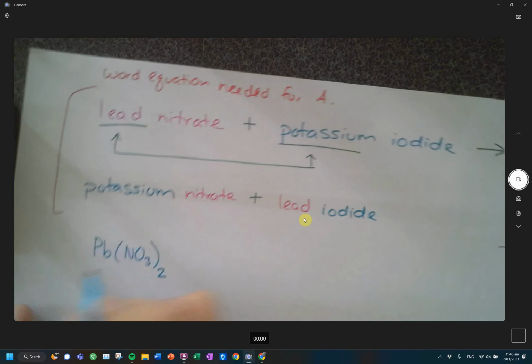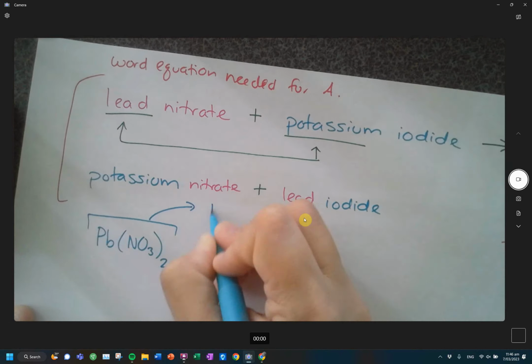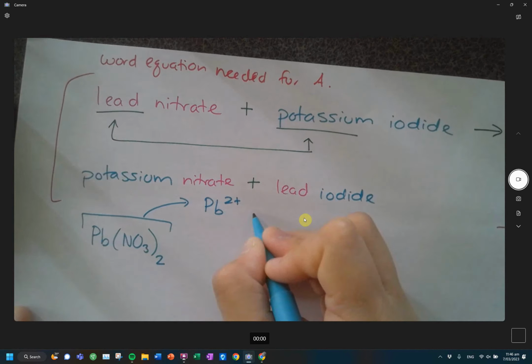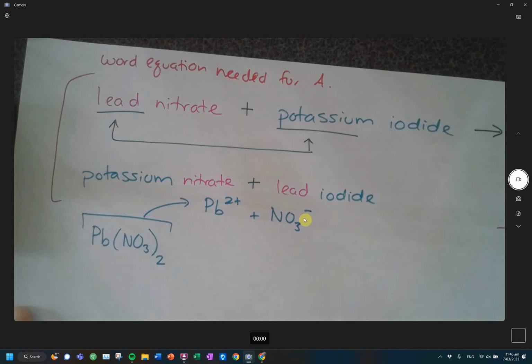For example, with this one, I have lead, that's a +2, and I want to add nitrate to it, which is a -1. If I add them as they are right now, I'm going to end up with a net charge of +1. It's not going to add up to 0.